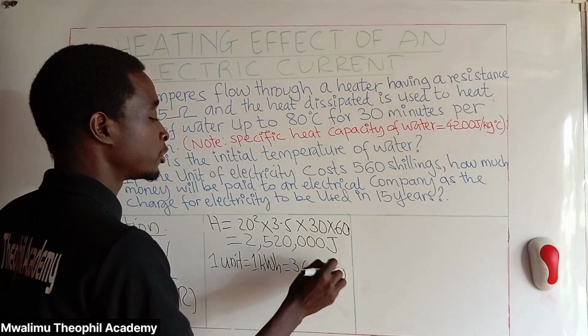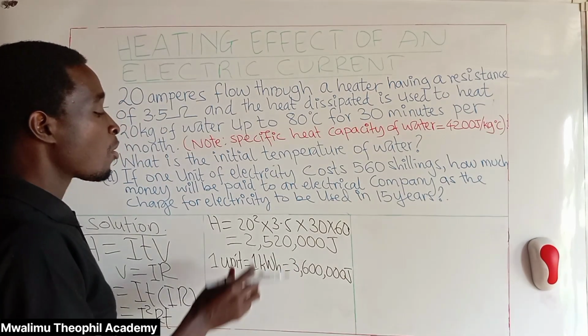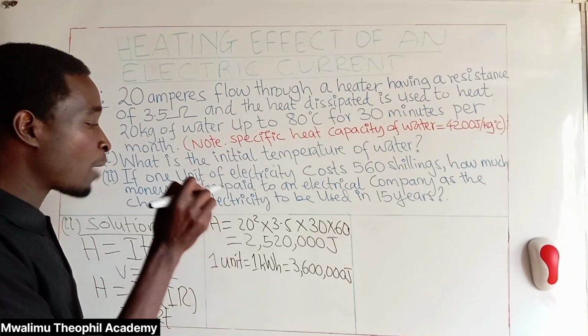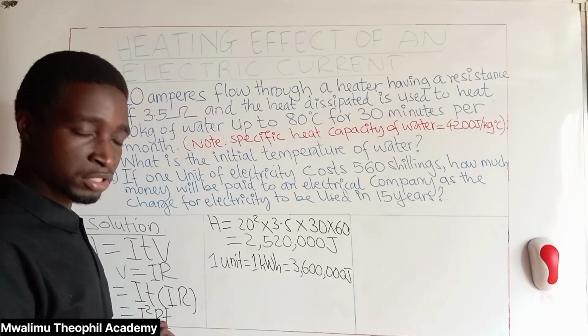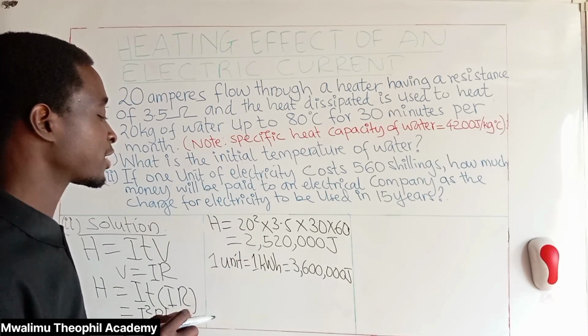Now, how many kilowatt-hours are within 2,520,000 joules? Let us convert this.